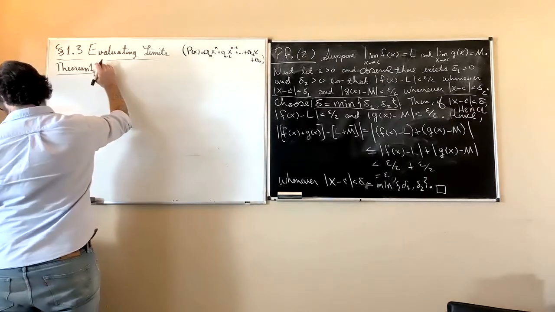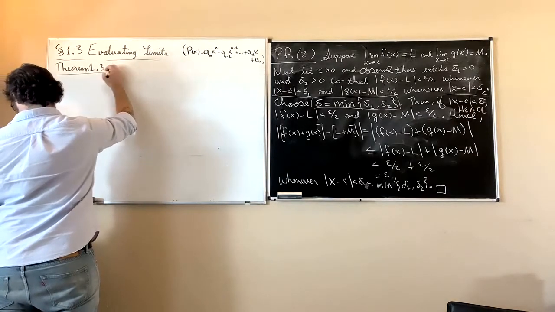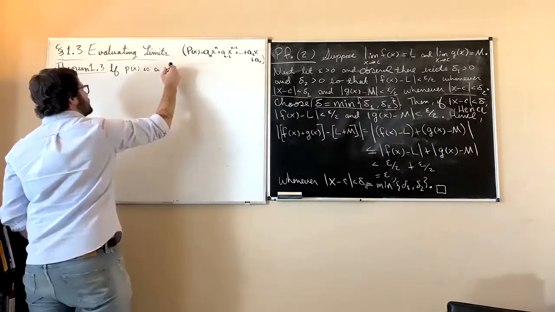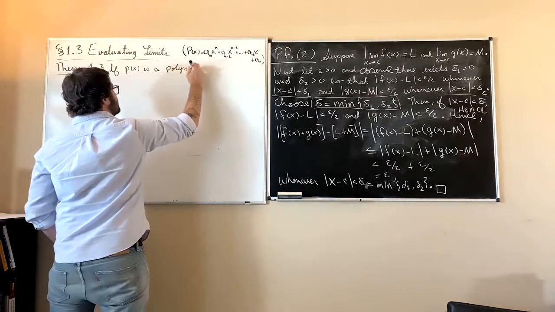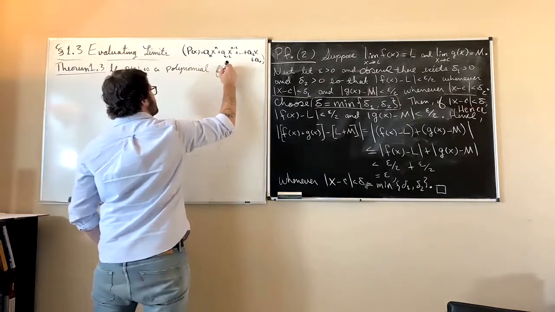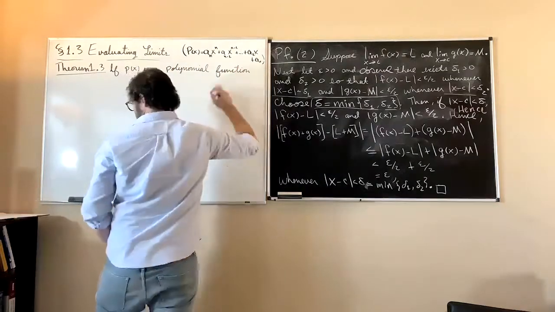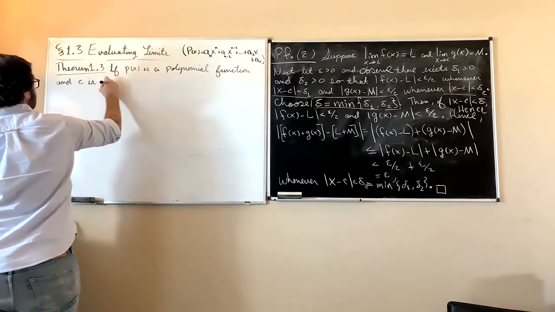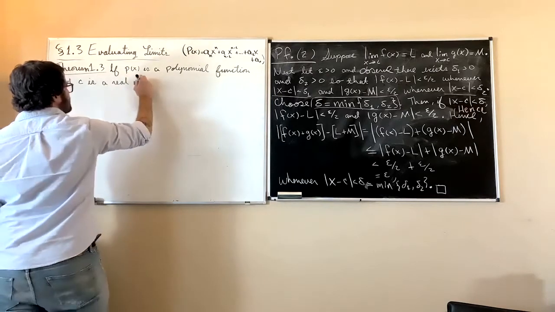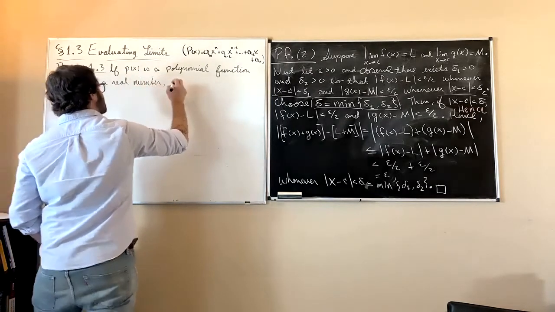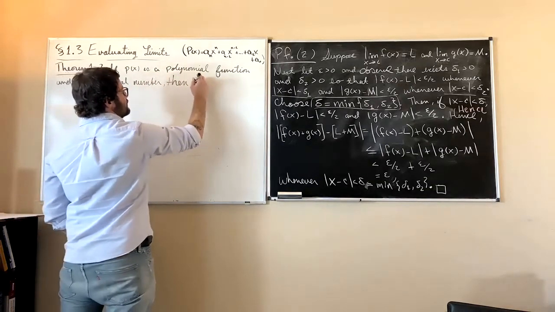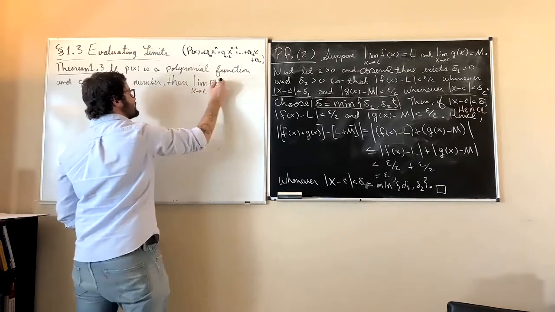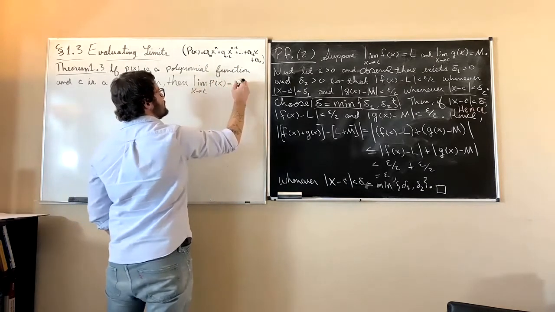So theorem 1.3 states that if p of x is a polynomial function, and c is a real number, then the limit as x approaches c of p of x is equal to p of c.